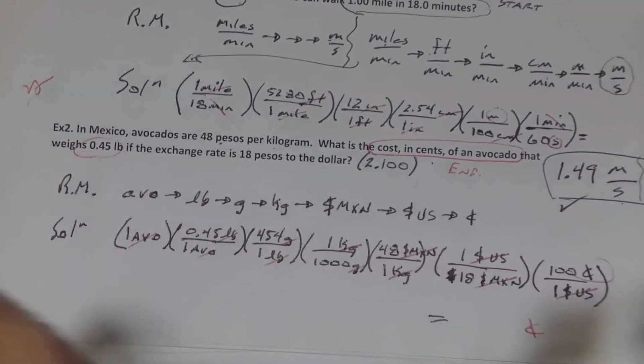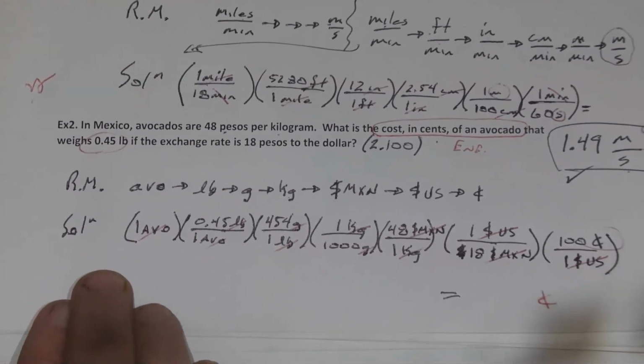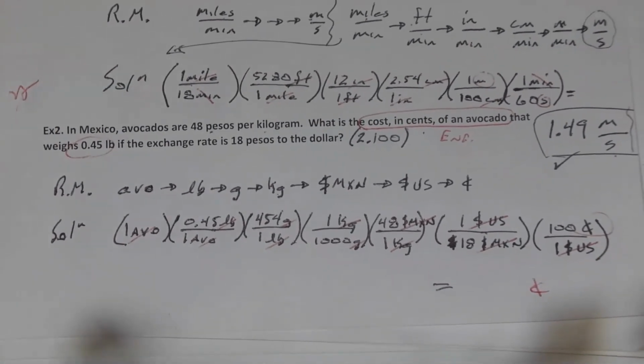And again, with the calculation here, just use the calculator as it's designed for, but do that calculation as a running total. So I'm going to have 1 avocado, if I want to do that, but 0.45 times 454 divided by 1,000. Anyway, times 48 divided by 18.